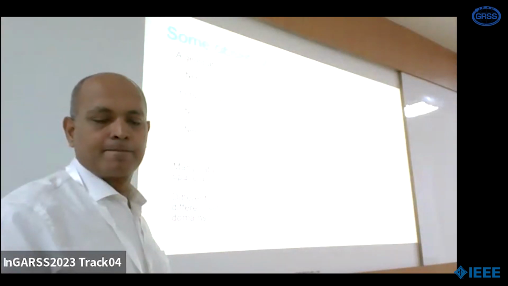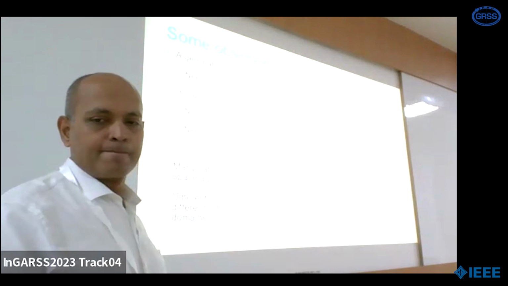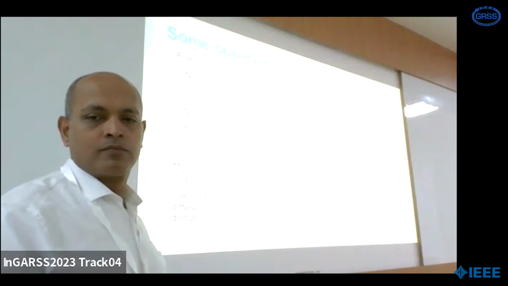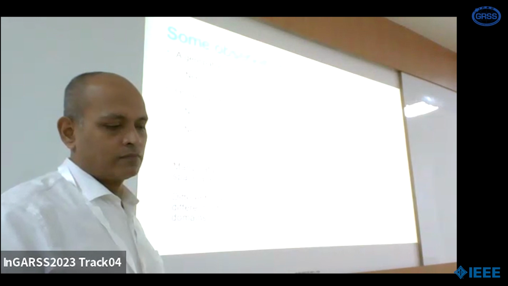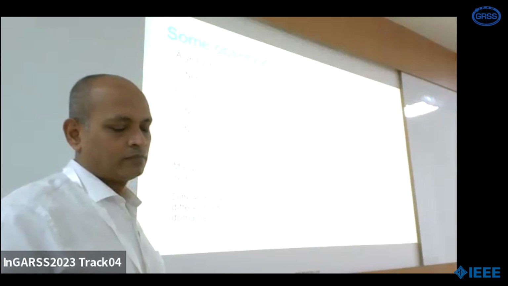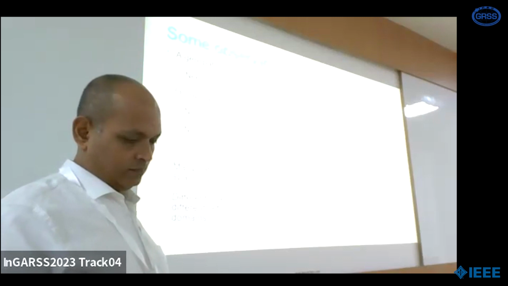And we can group the pre-processes into three groups. The first group of pre-processes is needed by all applications, for example, geometric and radiometric correction. The second group of pre-processing is needed by many applications, for example, when we want to reproject the data to a specific map projection.